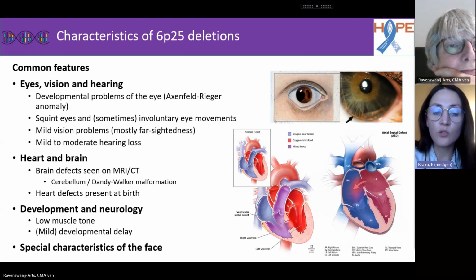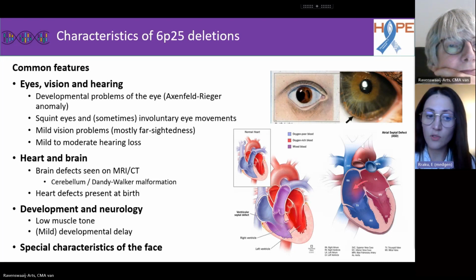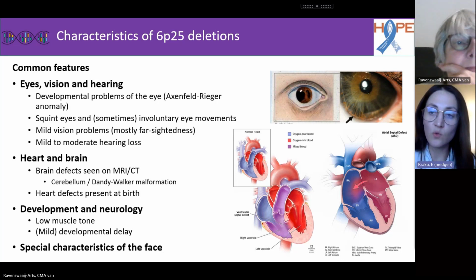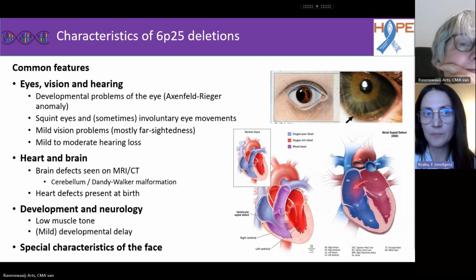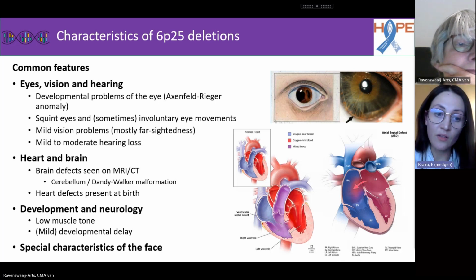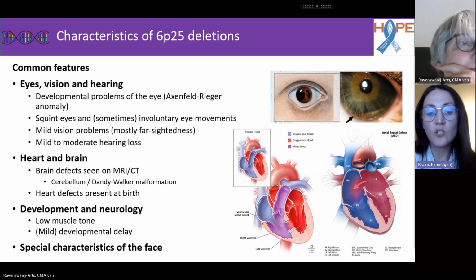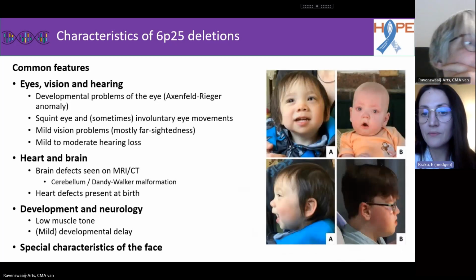We saw that the majority of our study participants also had low muscle tone, and around 80% of them also had developmental delay, which was mostly mild, but I will give more details on development later. Children in the group also had special characteristics of the face.